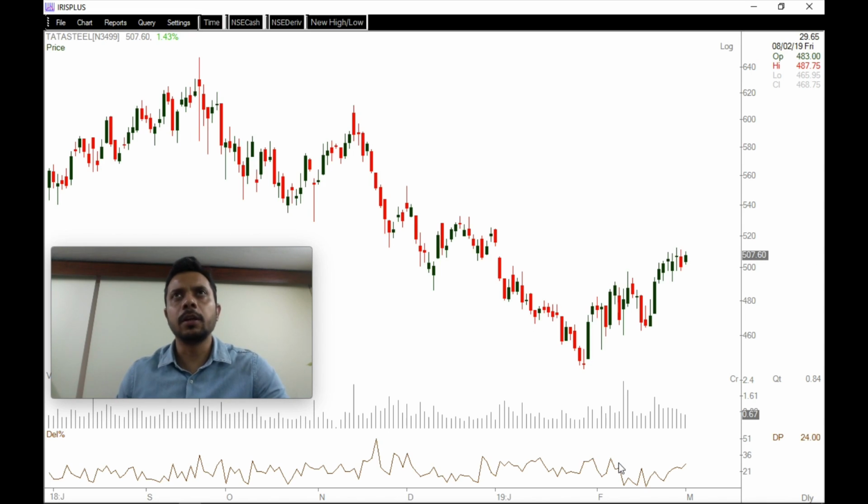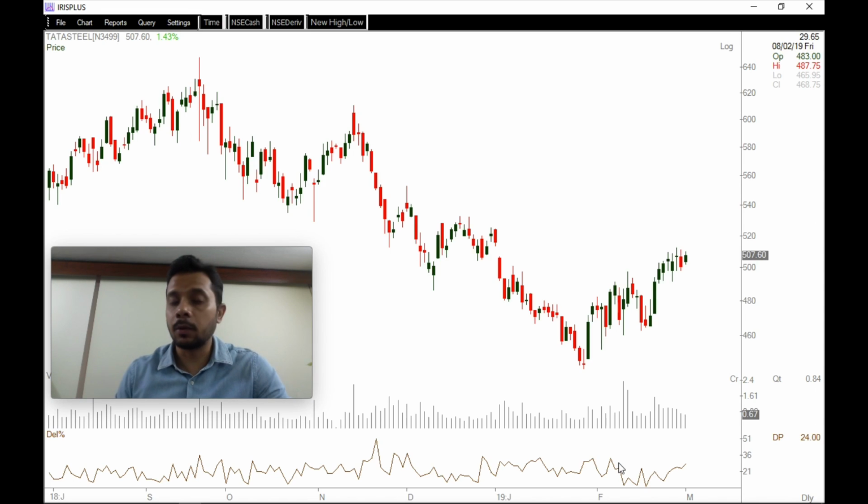So logically, a higher delivery percentage number implies bullishness or immediate, if not eventual, bullishness in the price of the stock. Is that a fact or is that a myth?